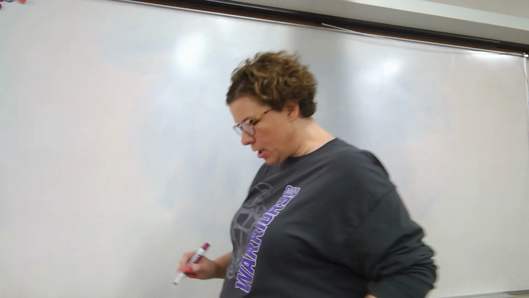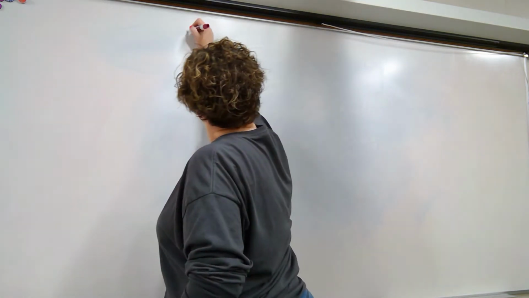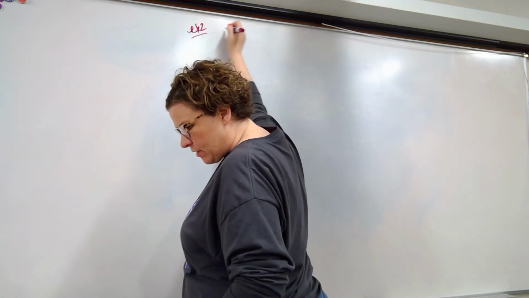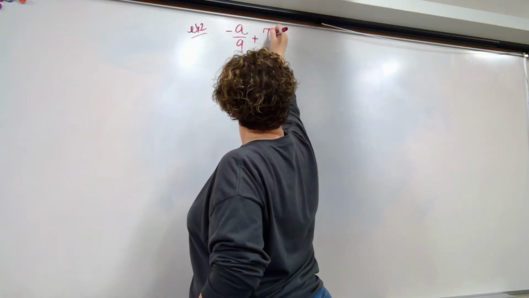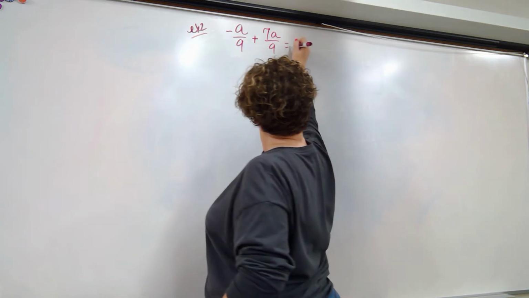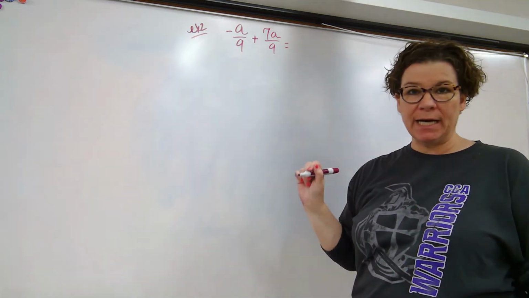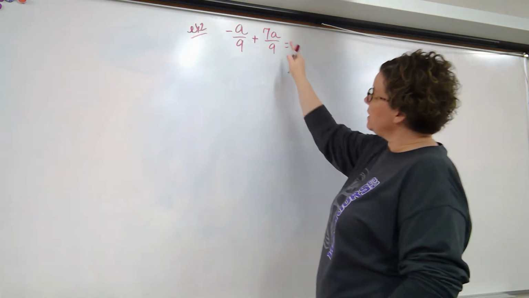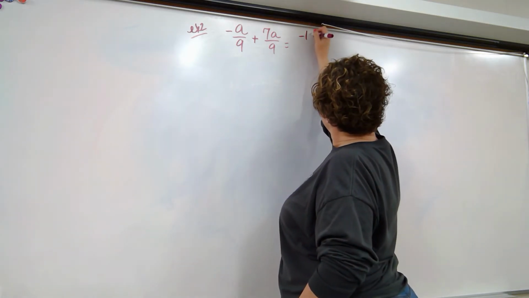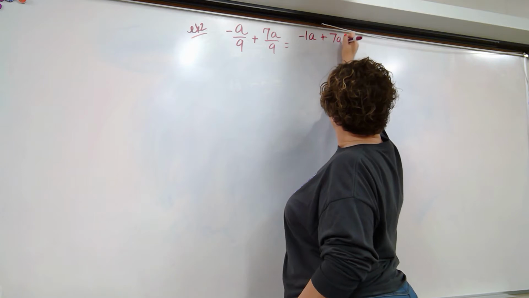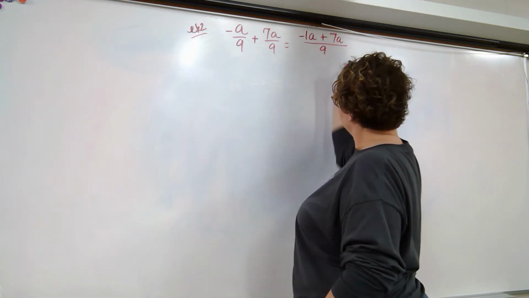Pause while I get ready. Okay, on page 220, example 2, I've got negative A over 9 plus 7A over 9. All right, we can only combine like terms, and these A's are alike. So I've got negative 1A plus 7A over 9.